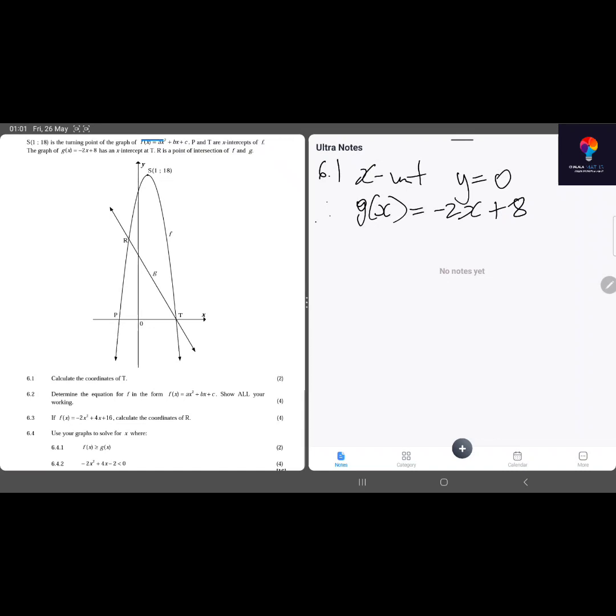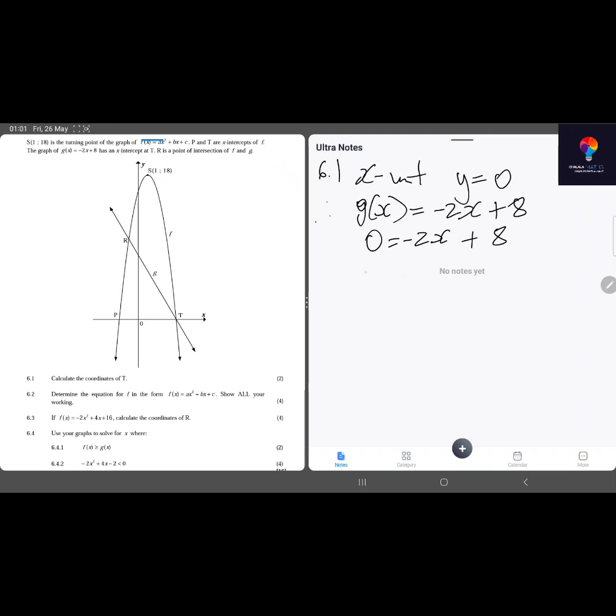So g of x is going to be 0, which is minus 2x plus 8. We have to get the value of the x-intercept because already we have the value of the y-intercept.